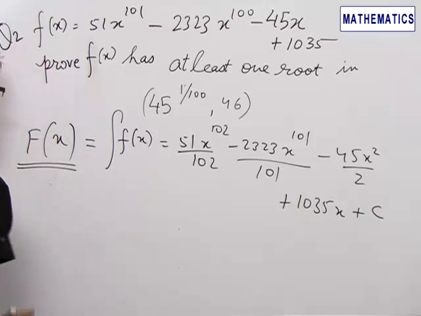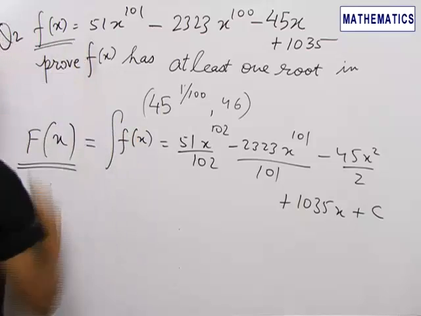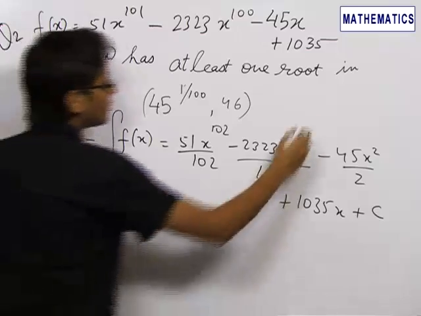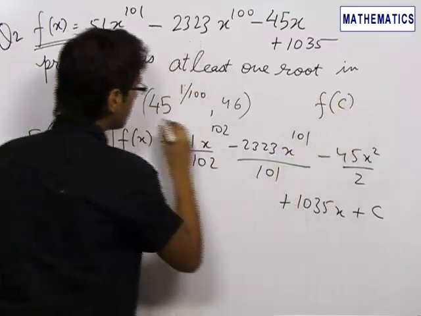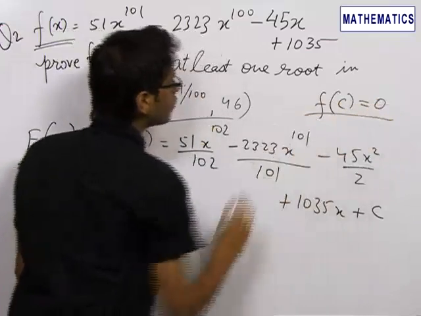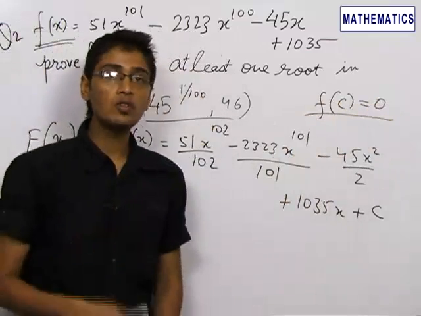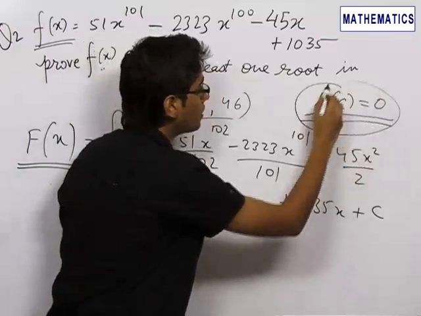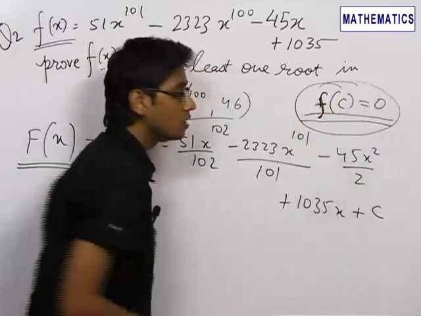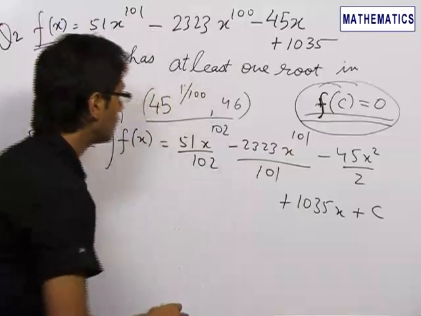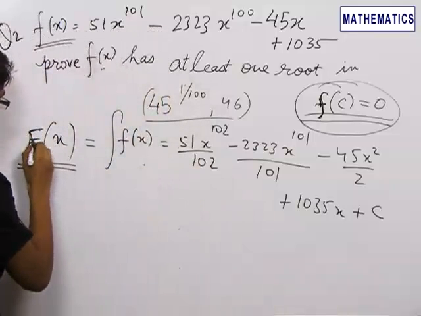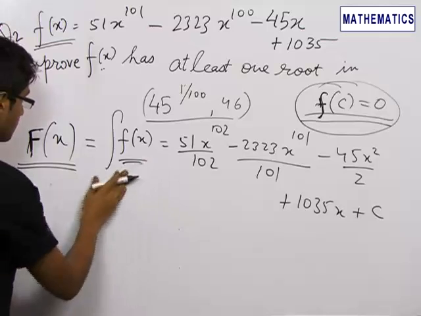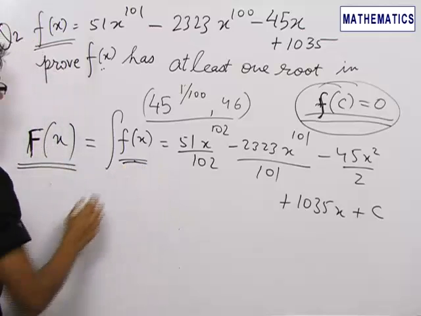We have assumed F(x) to be the integration of the given small f(x) because we need to prove that f(x) has at least one root in this interval, that is there exists at least one c in this such that f(c) is equal to 0, and in Rolle's theorem we know that we will get the final result as F'(c) equals 0. So this f(c), or the function f(x), should be the differentiation of some other function. So this capital F(x), the differentiation of this function is small f(x).